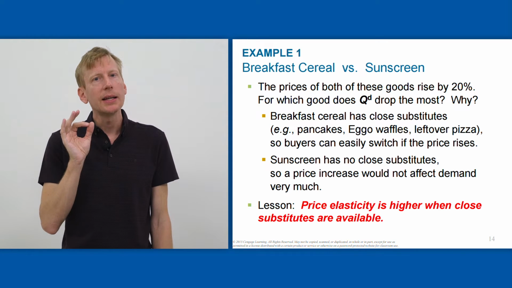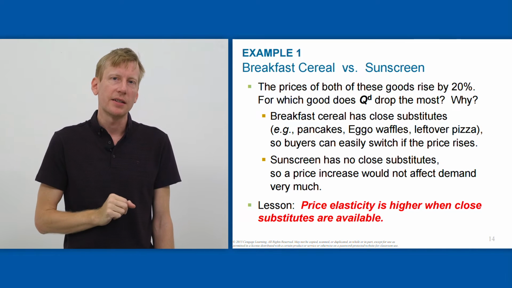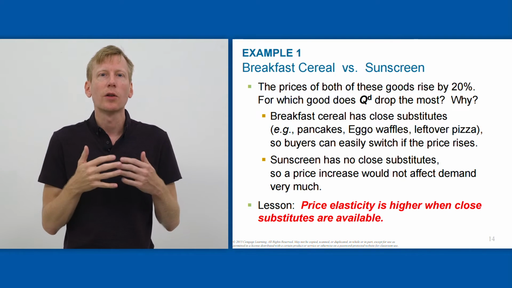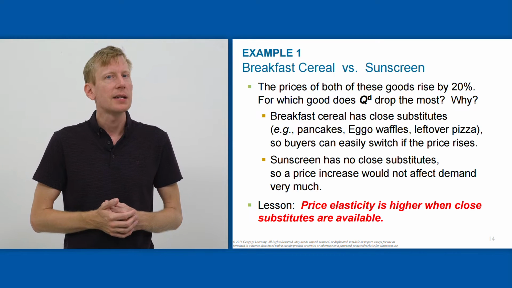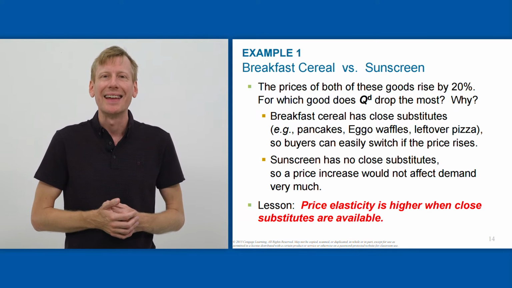Well, here, the key thing to bear in mind is that for the case of breakfast cereal, there are many other goods that you could consume instead as alternative breakfasts. It's not the case that if you don't buy breakfast cereal, you won't be able to eat breakfast at all. There are many other things that you could eat instead.